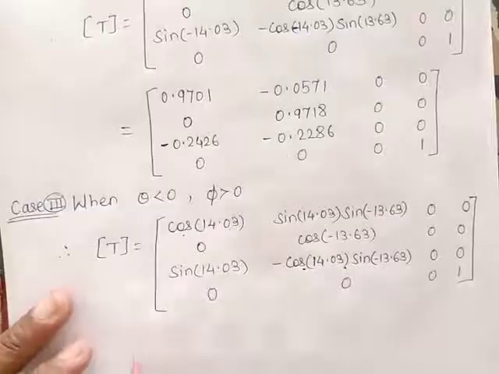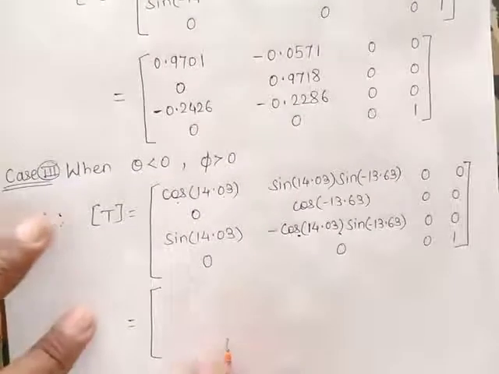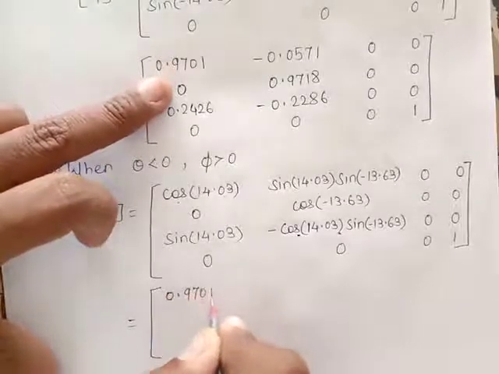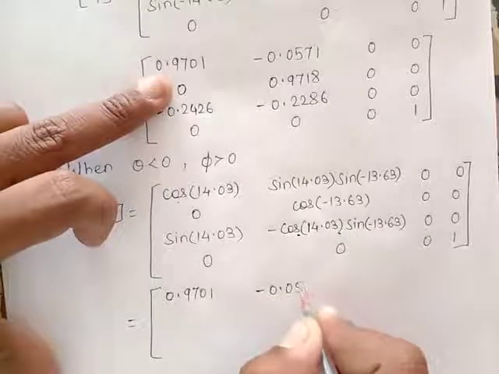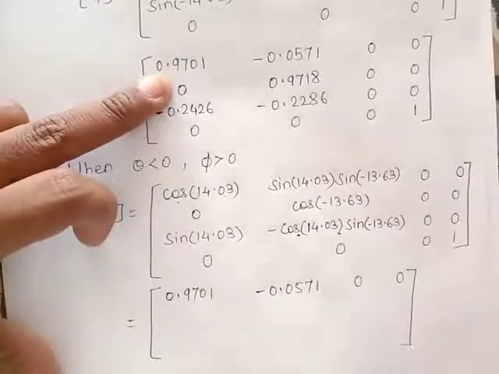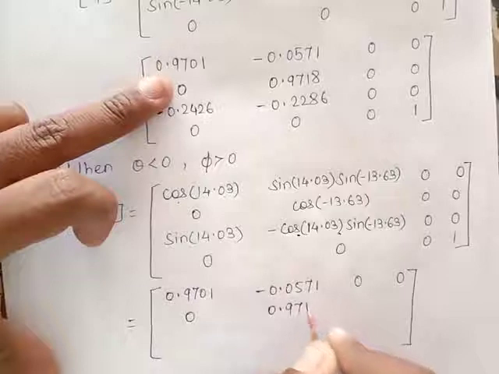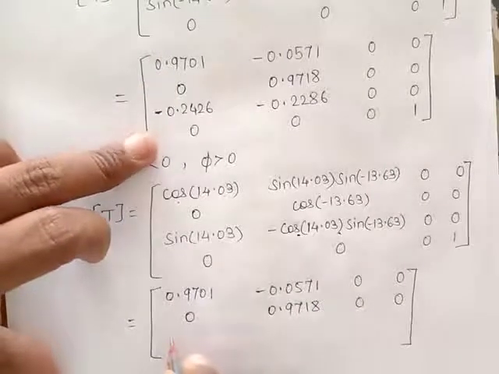So what are the values here? This is 0.9701 again. This will become negative 0.0571, right? Next, 0.9718, here 0.